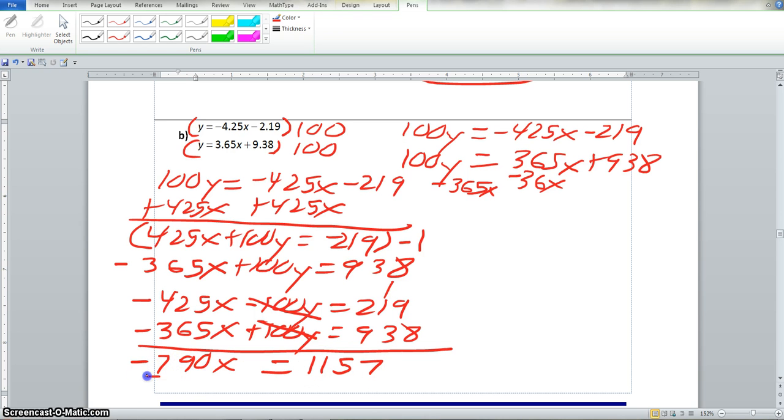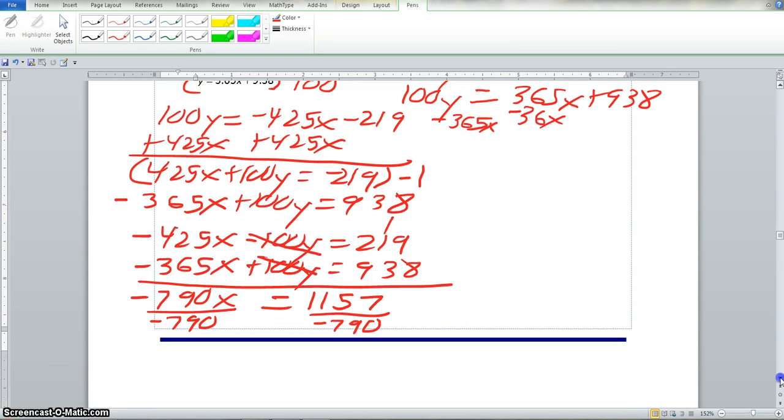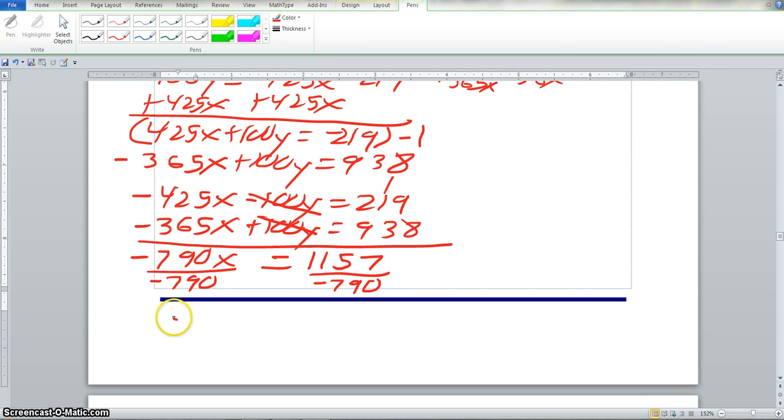Now we would divide each side by negative 790. And our answer here would give us, let me scroll down a little bit for some space, x is equal to negative 1.46.